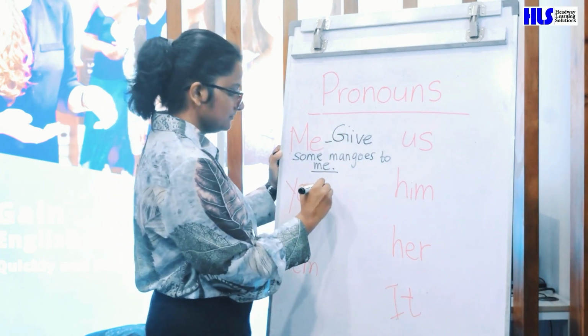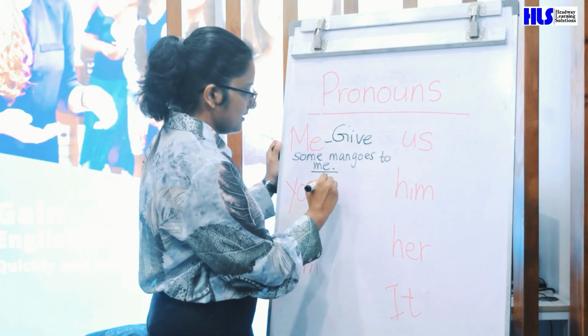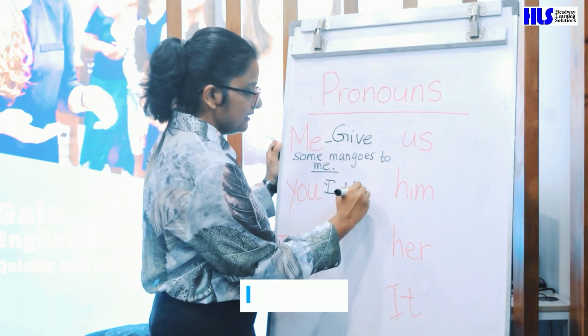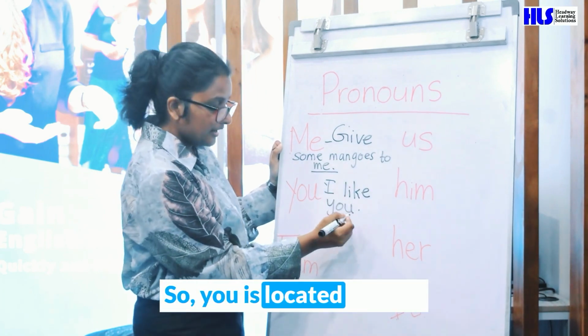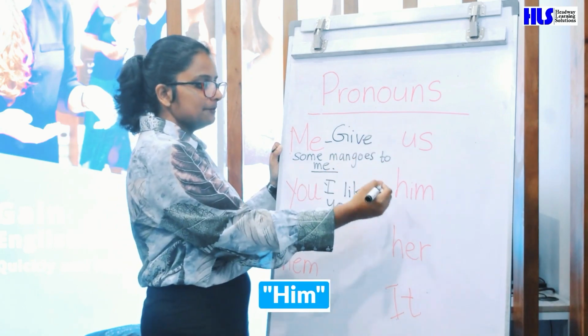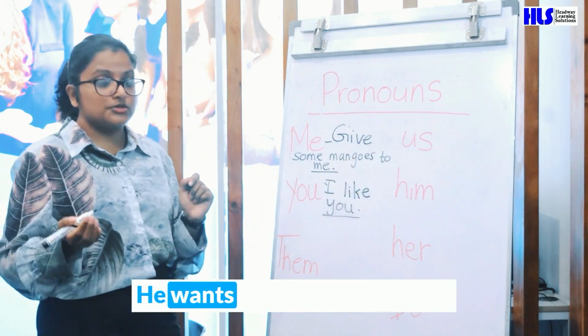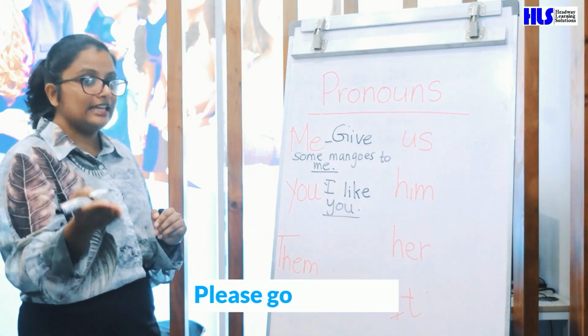You. You are a good student. I like you. So, you is located right at the end of the sentence. Him. He wants to go to the hospital. Please go with him.